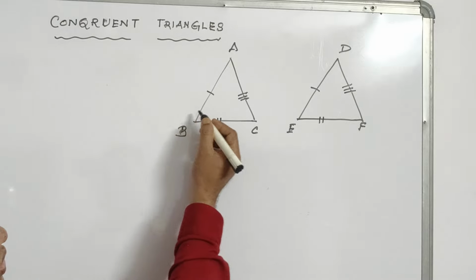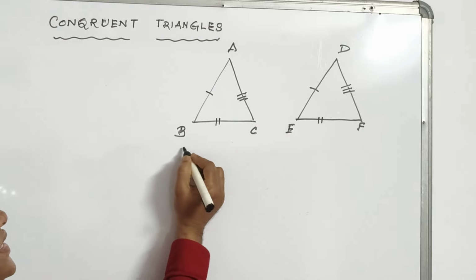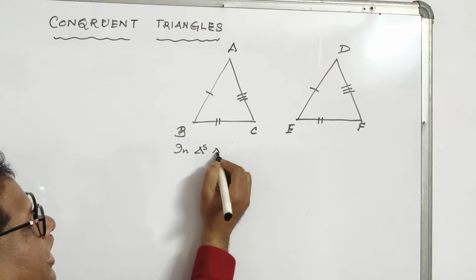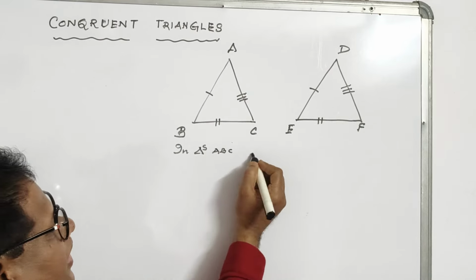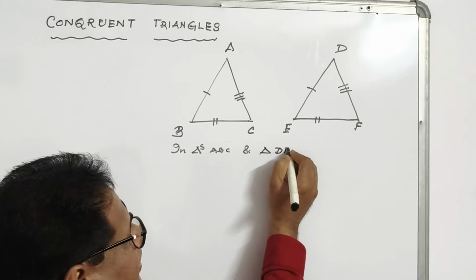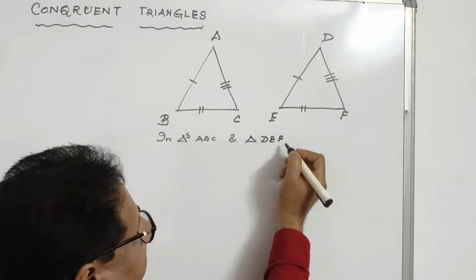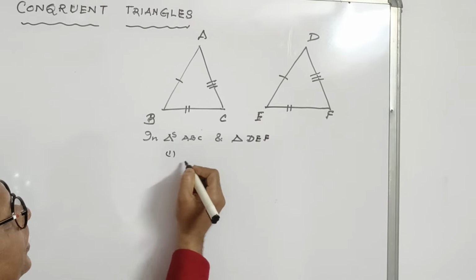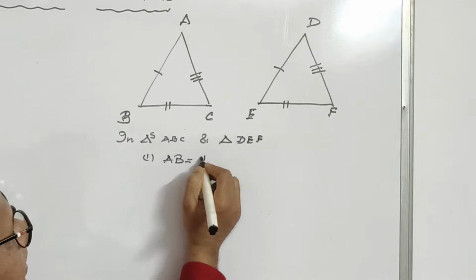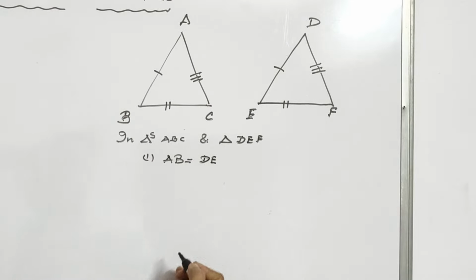Now, whenever you are going to prove congruency, please highlight the two triangles. In triangles ABC and DEF, first we have AB equals DE. You know why?